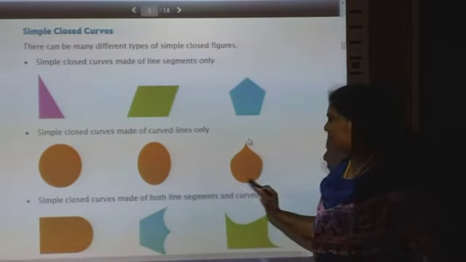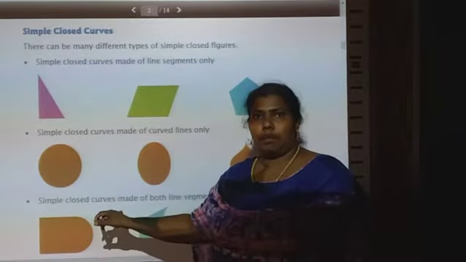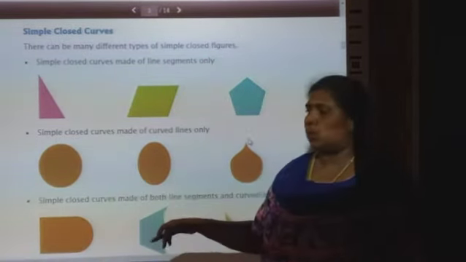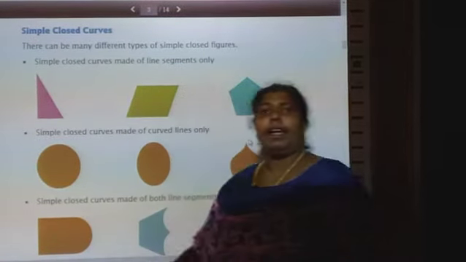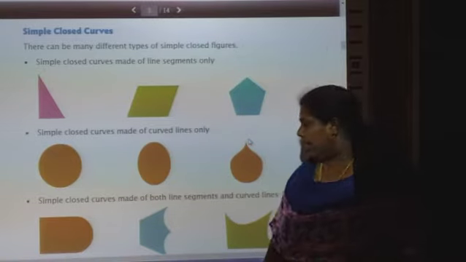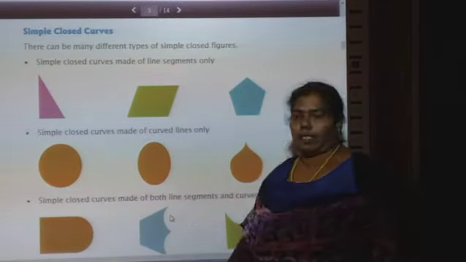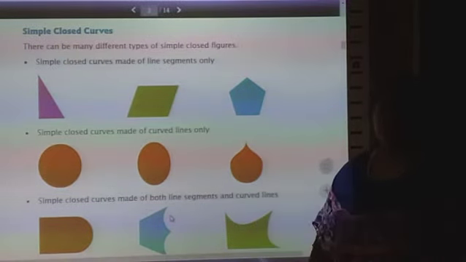This is another shape, curved lines only. But here you can see both: line segments and curved lines also. See here, this is the line segment, but here you can see the curved lines. Here you can see the line segment, then 2 curved lines. Here line segments, then 2 curved lines.